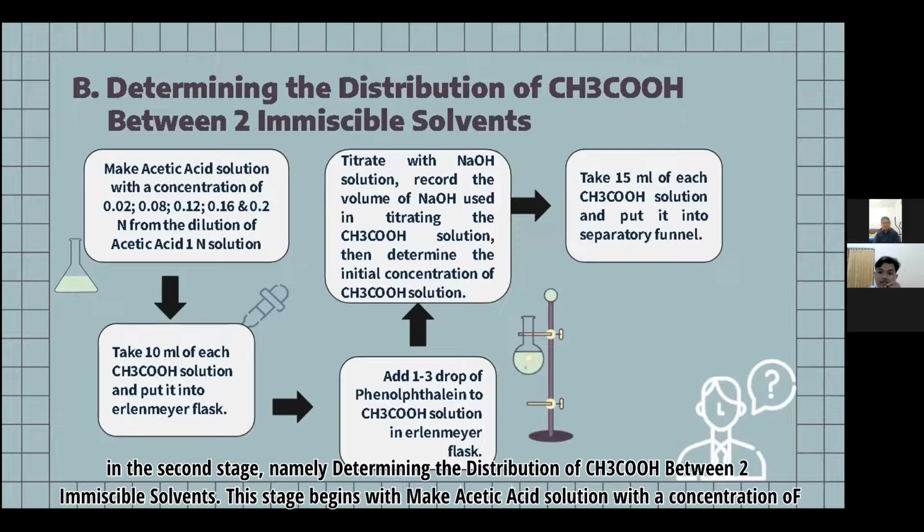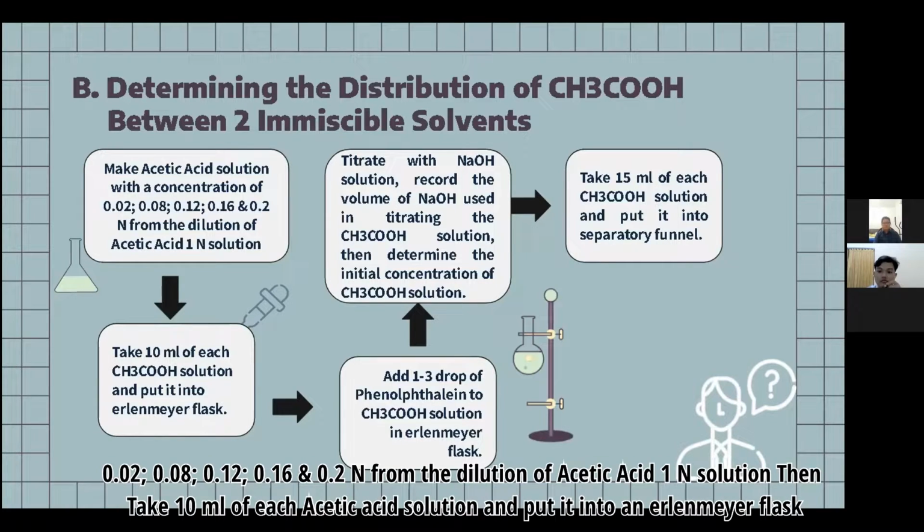In the second step, namely determining the distribution of acetic acid between two immiscible solvents, the step began with making acetic acid solutions with concentrations of 0.02, 0.08, 0.12, 0.2 from the dilution of acetic acid 1 N solution.